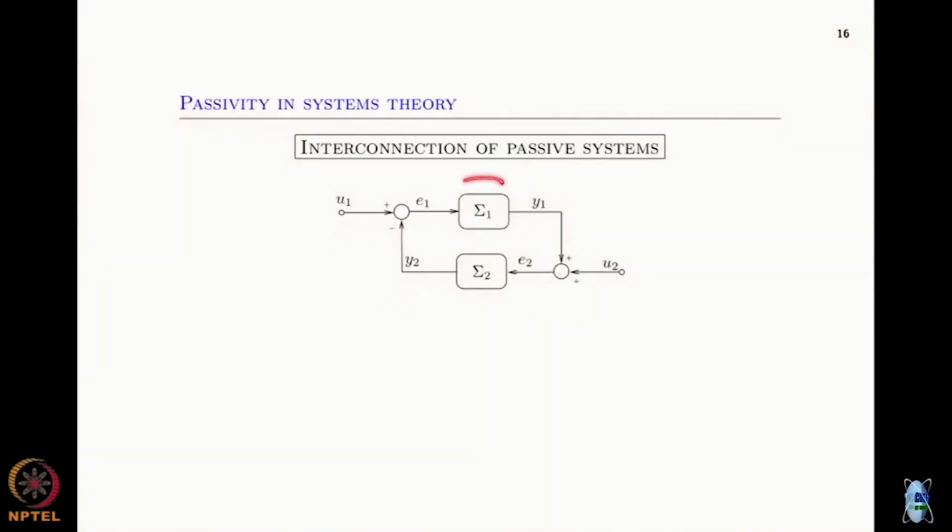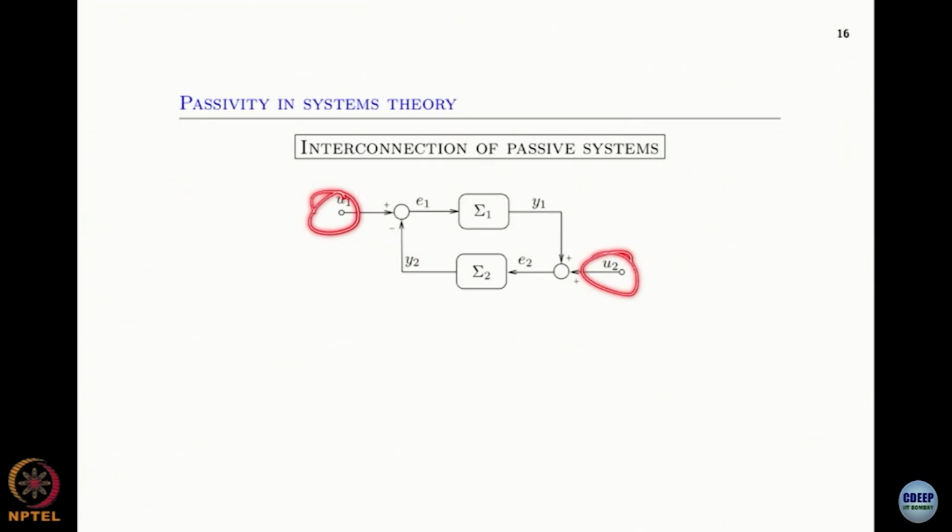A very important statement, actually the fundamental theorem of passivity, is that when you take two systems that are passive and you interconnect them in feedback, like here, so this system is, let's say, passive from this input to this output, and this one is passive from here to here, you will again recover a system that is passive from the new input, which would be the vector of these two, to a new output that would be the vector of these two.